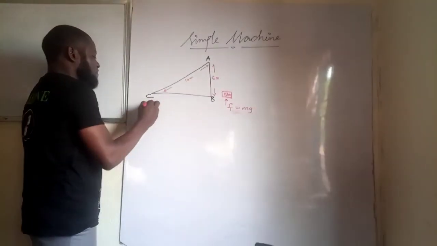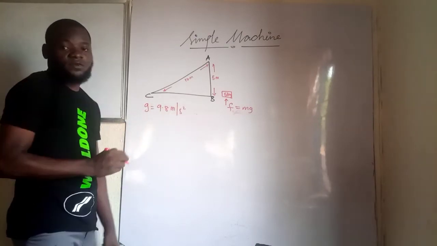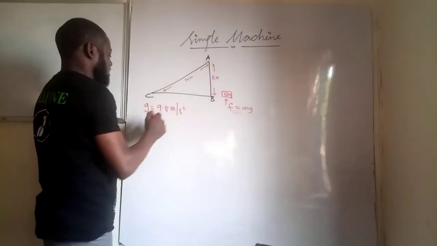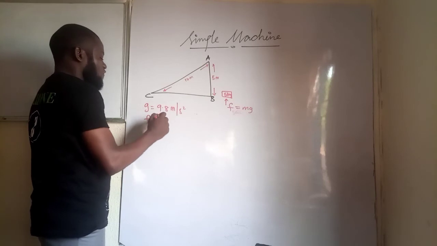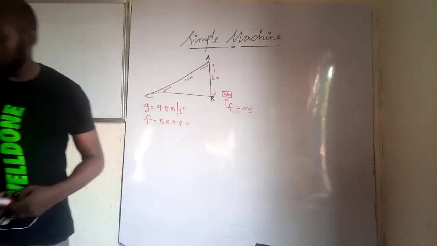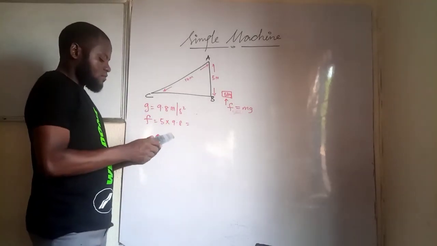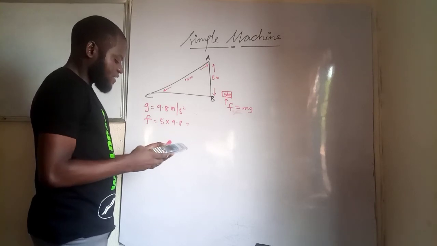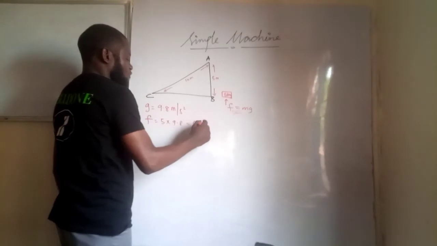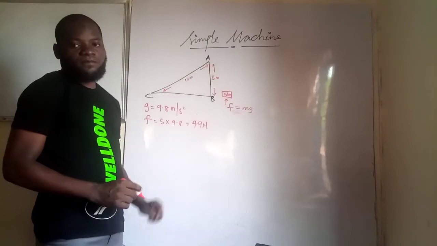Now, if the acceleration due to gravity is given as 9.8 meters per second square, that shows that for me to lift this body from here to this point, I need a force of 5 multiplied by 9.8. And what would that be? Okay. So, 5 multiplied by 9.8 will give me 49 Newton. So, I need a force of 49 Newton to take this body from B to A.